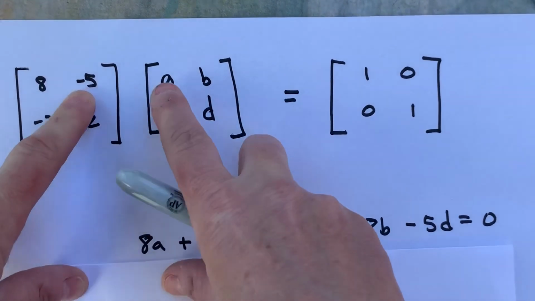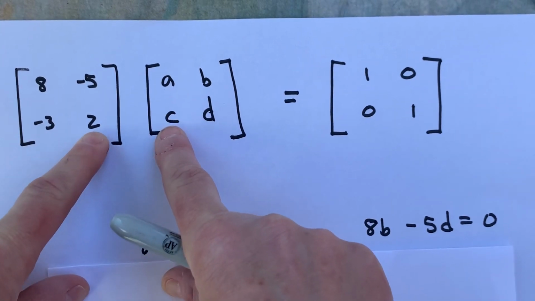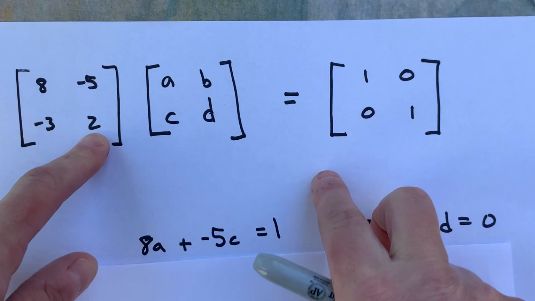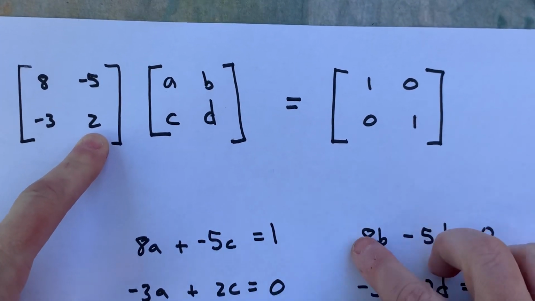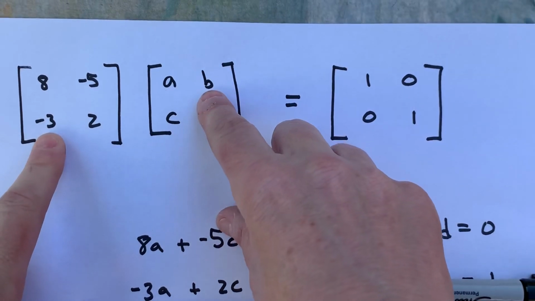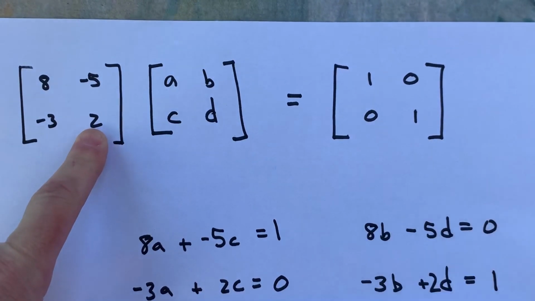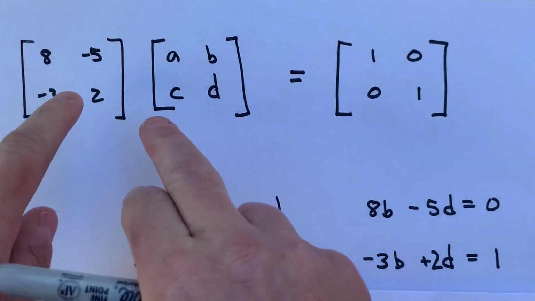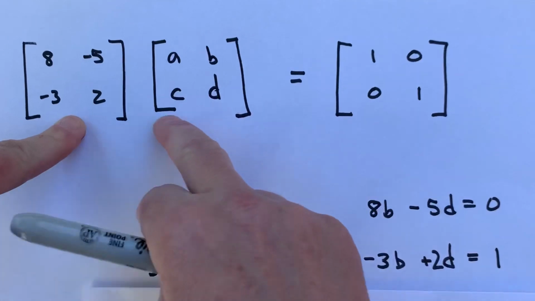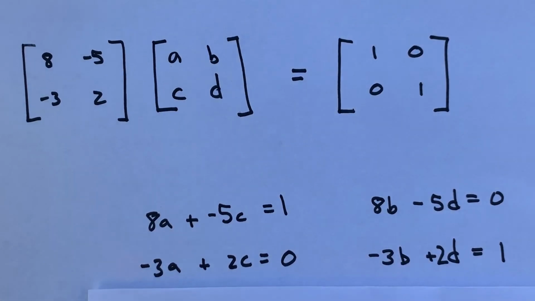And my final spot, negative 3b plus 2d has to be equal to 1. So I could translate this matrix equation into these 4 equations.